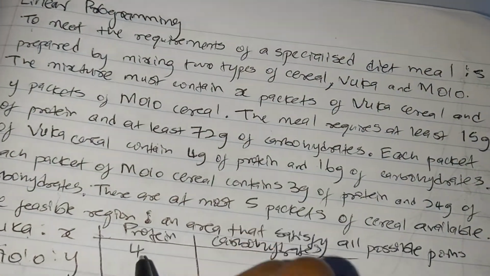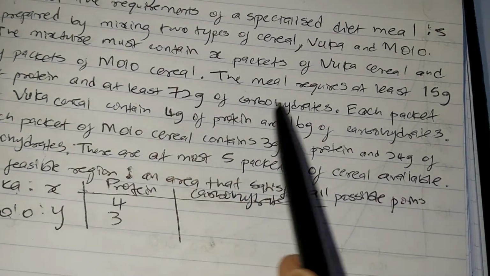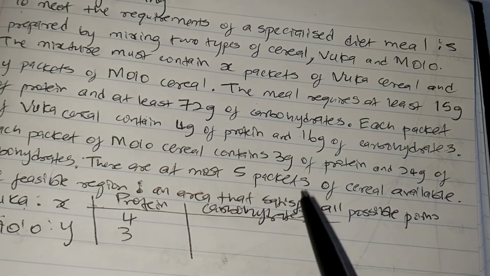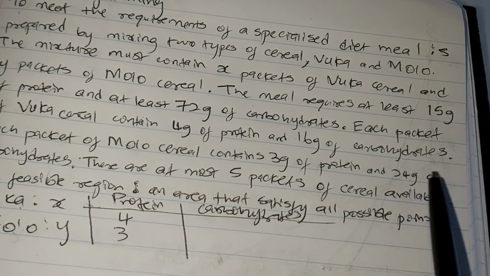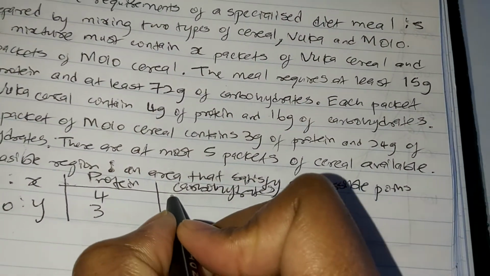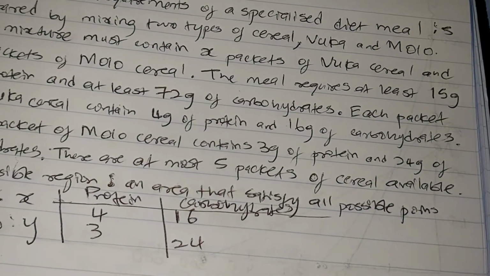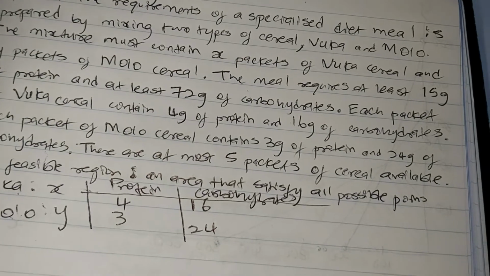So we've got 4 here and we've got 3 grams for protein. Then for the carbohydrates content, we've got 16 for Vuga and 24 for Molo. So we've got 16 and 24, right?